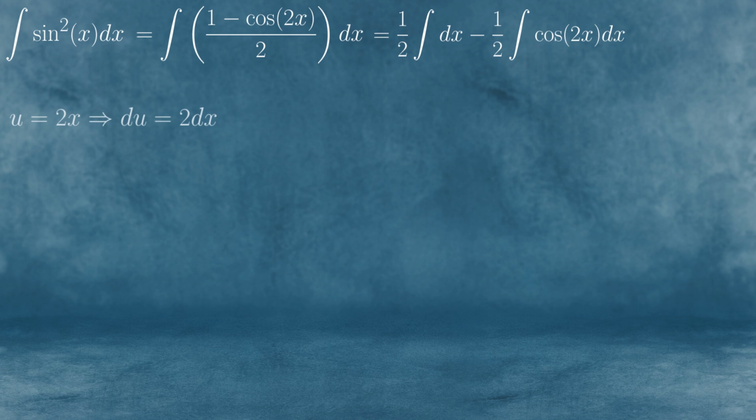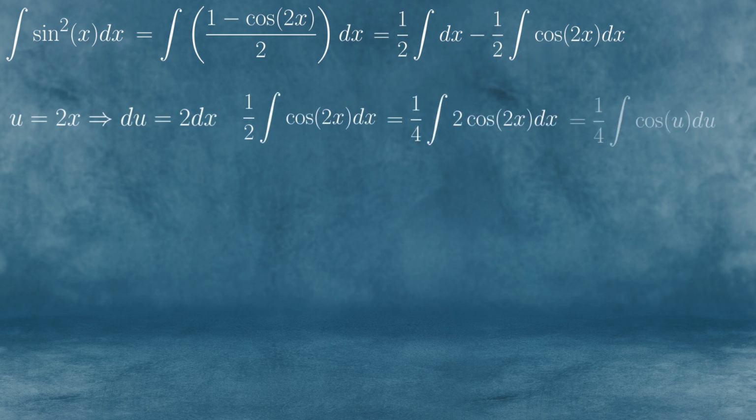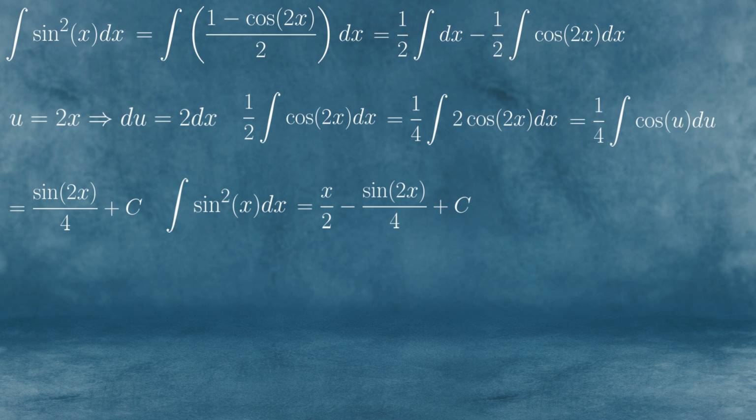If we perform the substitution u equals 2x, we have that both integrals become a half of x minus a fourth of sine of 2x plus c. That will be the solution.